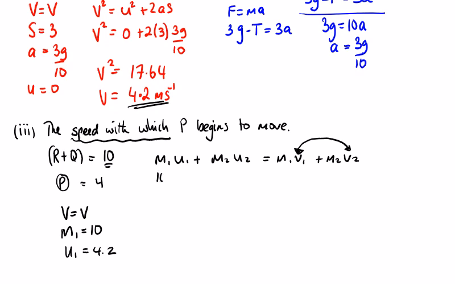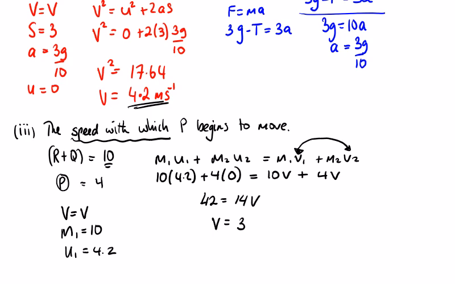So we have 10 by 4.2 plus 4 by 0, since it starts from rest, is equal to 10v plus 4v, because these speeds will be the same. So on the left we have 42 is equal to 14v. This works out evenly. You can see 42 divided by 14 is 3. So 3 ms to the minus 1 is the speed with which P begins to move.